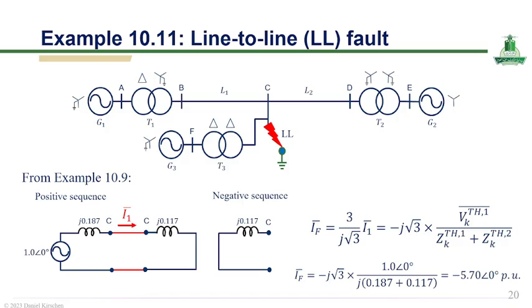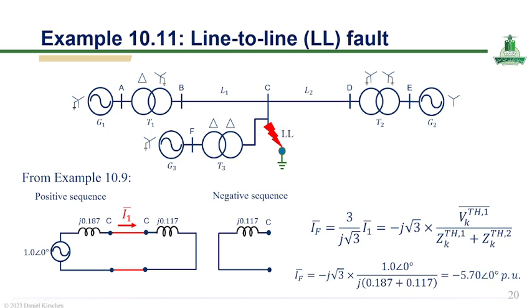The total impedance is therefore the sum of the positive and negative sequence Thevenin impedances, given here as j0.187 and j0.117 ohm.